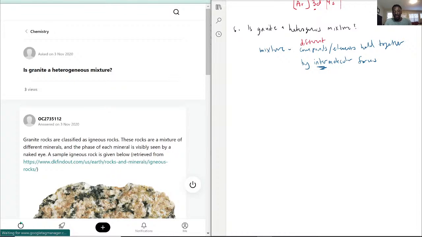Bronze, for example, is a mixture, where you melt, I think, copper and tin or something like that. You mix those two elements, and they are held together by metallic bonds and forces, and that is considered a mixture in itself. It's not really bonded to each other per se.